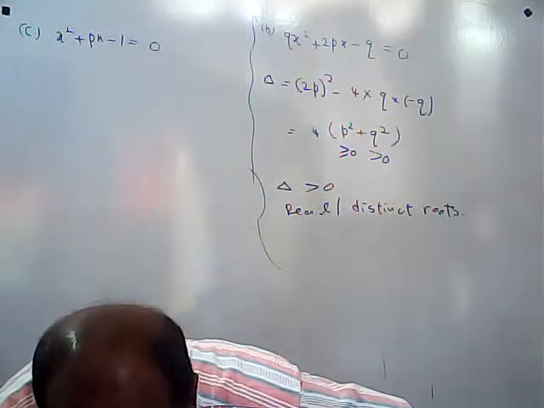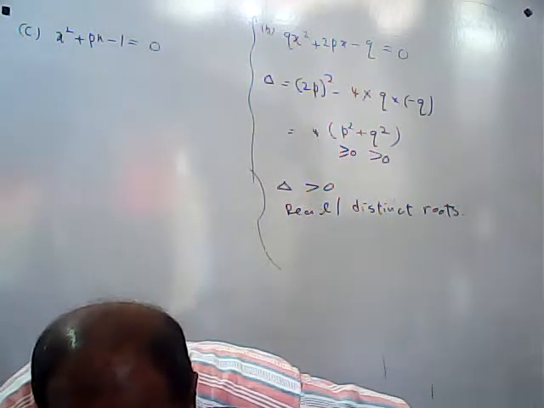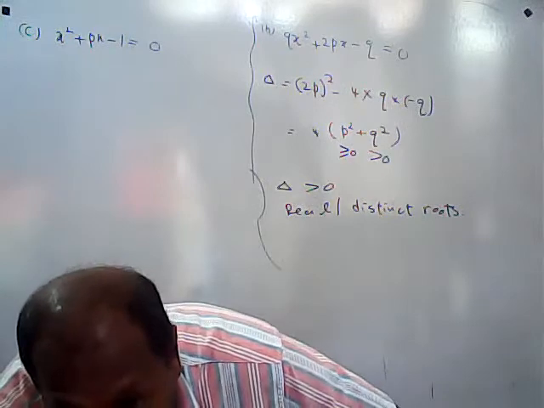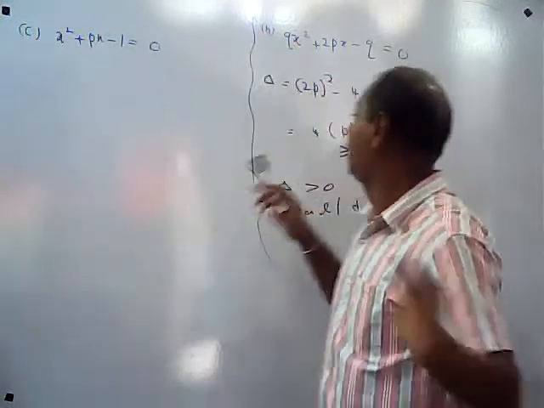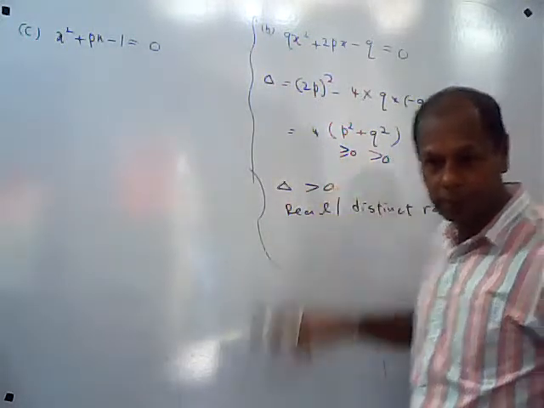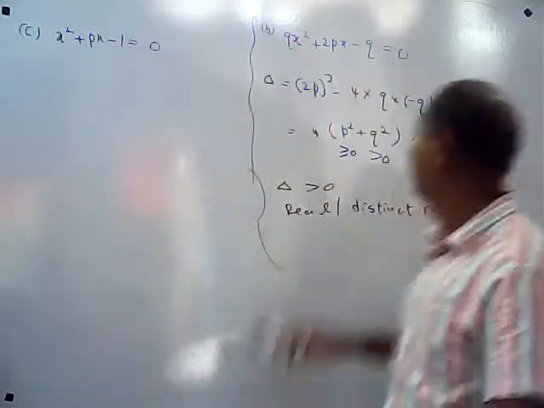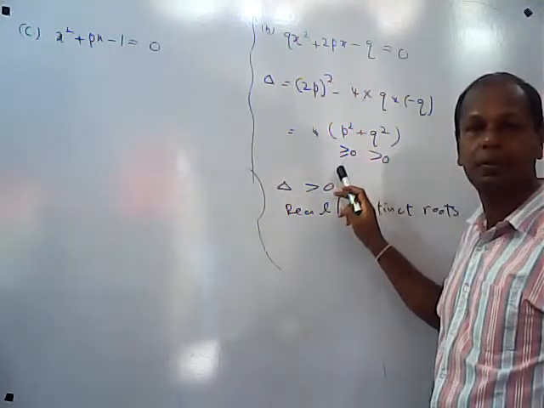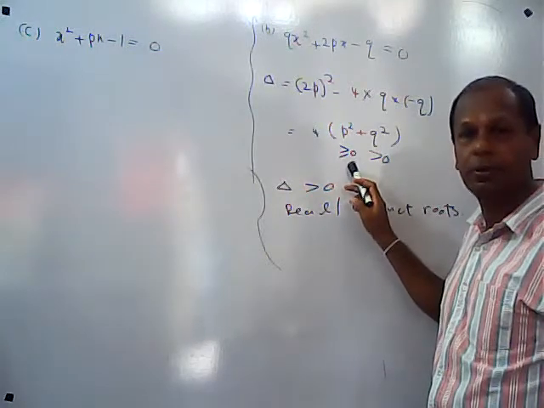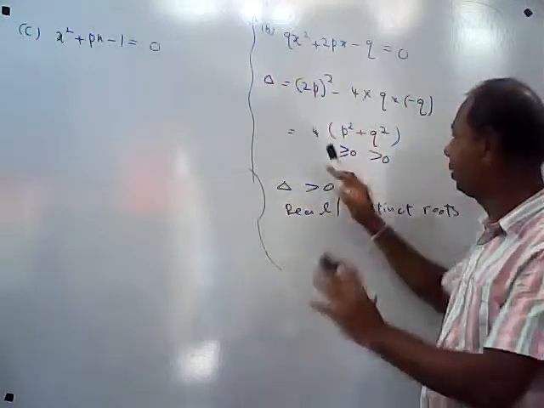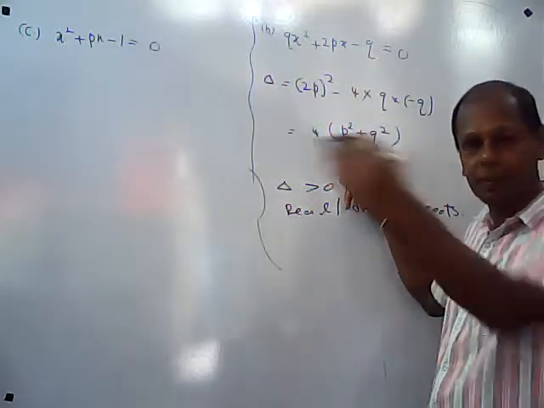You don't need it here. Whether P is positive or negative or equal to 0, P square is greater than or equal to 0. You don't have to categorize it, right? For this particular question, you don't have to consider separately.